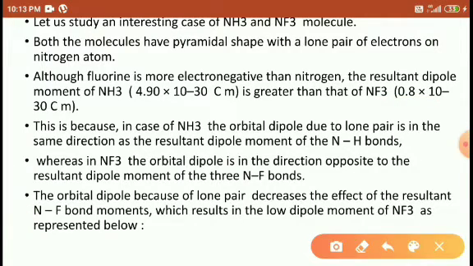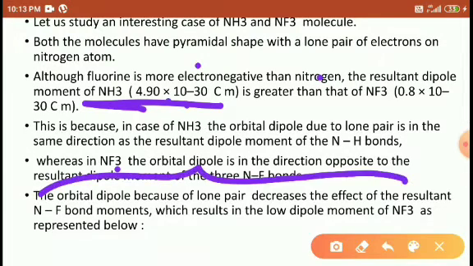In NH3, the lone pair and the hydrogens' dipole moments remain on the same side, but in NF3, the lone pair on nitrogen and the three fluorine dipoles are in opposite directions, so the dipole moment is less here. The orbital dipole moment of the lone pair decreases the resultant of NF3. So the lone pair of electrons decreases the dipole moment.